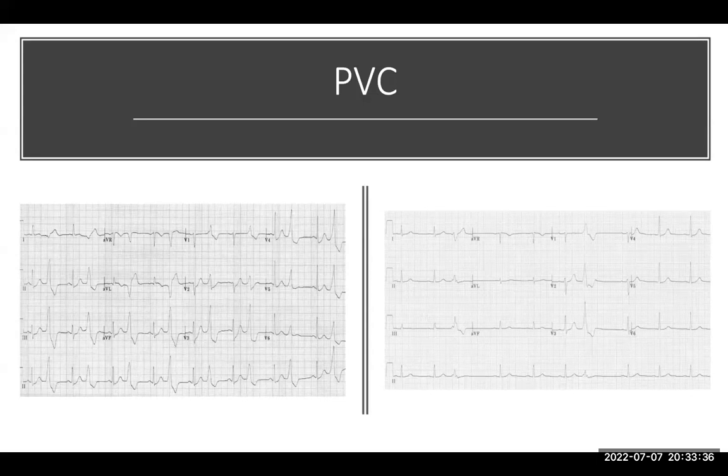And you can name them in several ways. Like I will give you an example. This is called bigeminy. Why do you call it bigeminy? It is QRS, PVC, QRS, PVC, QRS, PVC. That's called bigeminy. This one is called trigeminy, because it is one normal QRS, normal QRS, then a PVC.